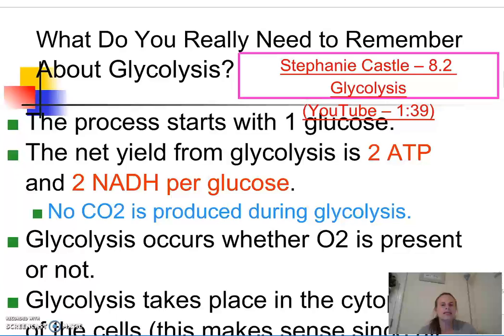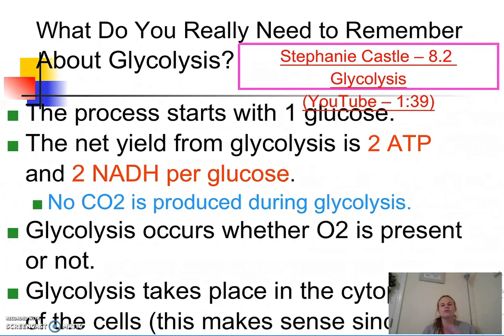So what do you really need to remember about glycolysis? You don't need to know all those 10 steps, but you do need to know that the process starts with 1 glucose, which we know is a 6-carbon sugar, right? Because glucose is C6H12O6.